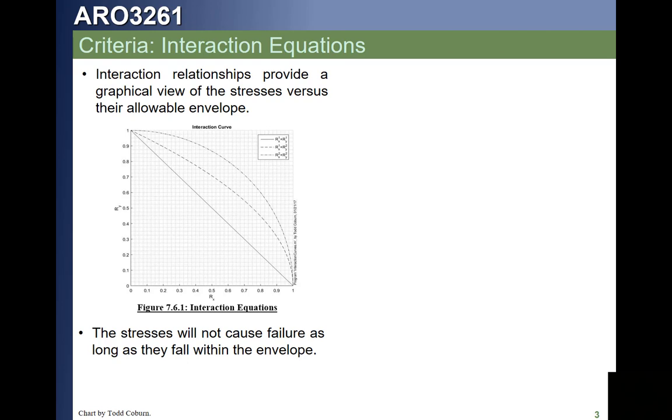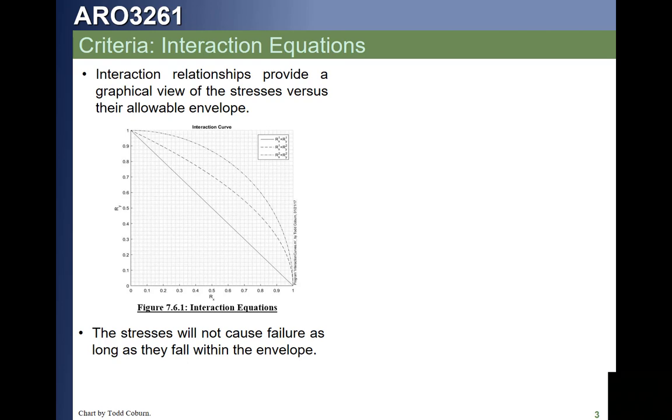For example, if we look at the charts shown here, we see on the horizontal axis we have one component, we can call it R1 or Rx, and another component on the other axis we could call R2 or Ry. And if we have a directly additive relationship, R1 or Rx plus Ry equals 1, that corresponds with this solid line that goes from 1 to 1.